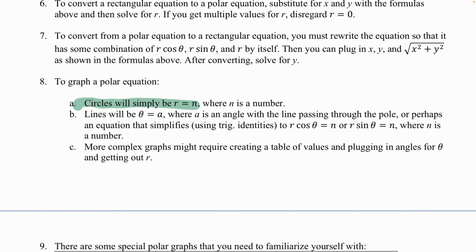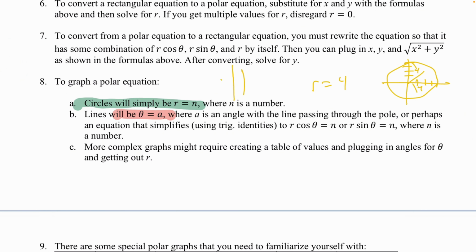First of all, circles will just be r equals a number. So the equation r equals 4 is, well, all the points that are 4 away, right? So it's just a circle. 4 away there, 4 away there. Lines that pass through the origin are going to be theta equals some number a, where a is the angle that you're going away from the origin, and then you would just draw a line through it.